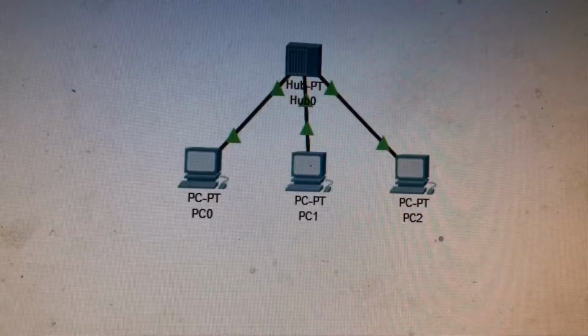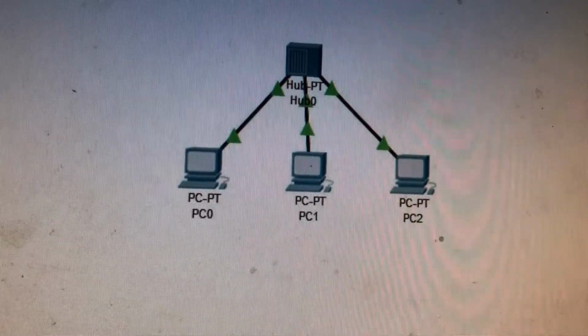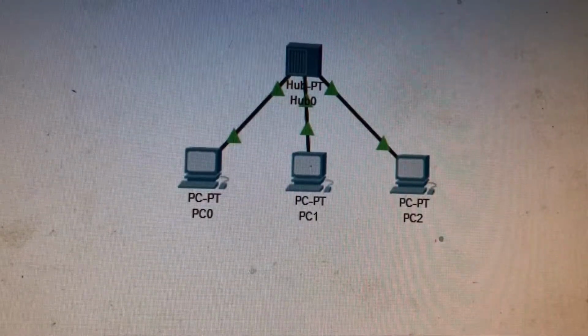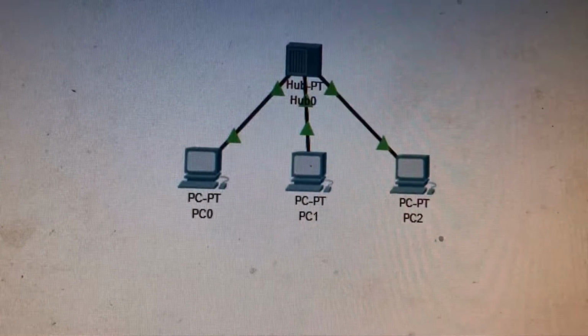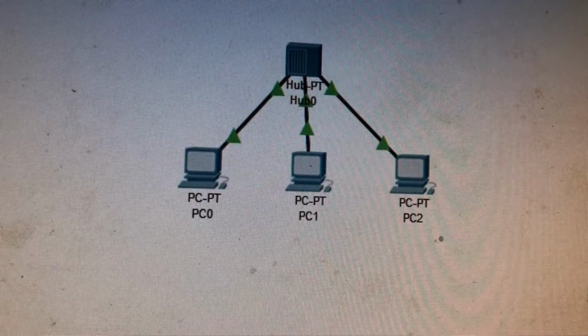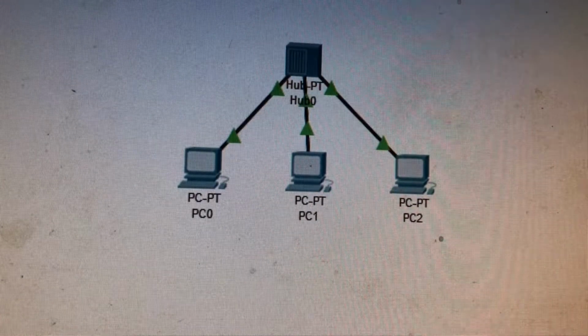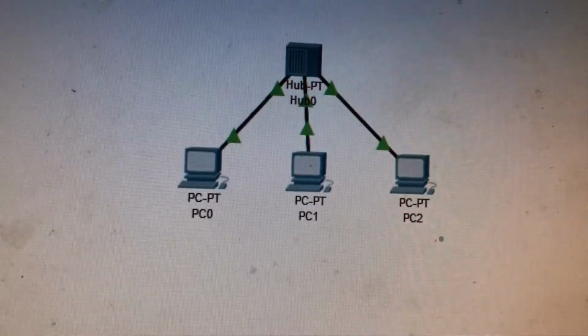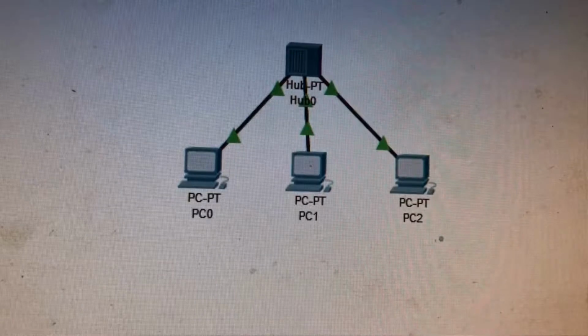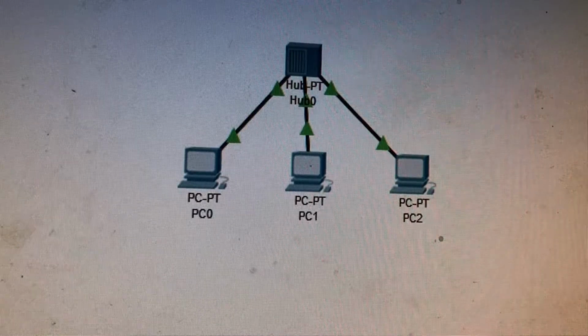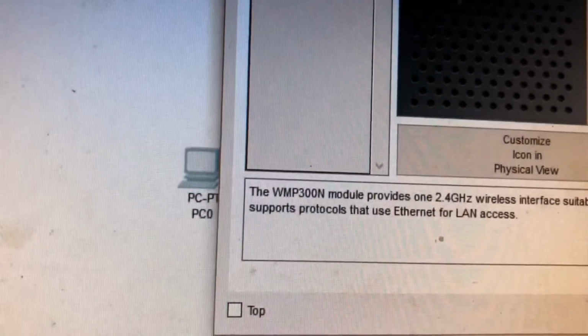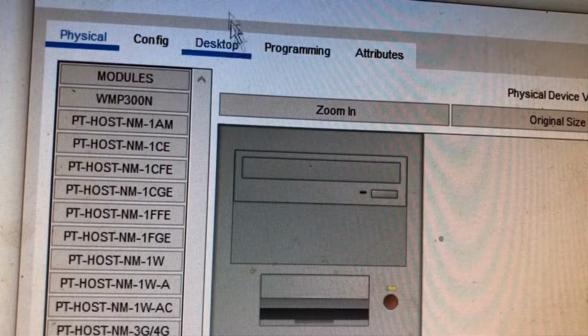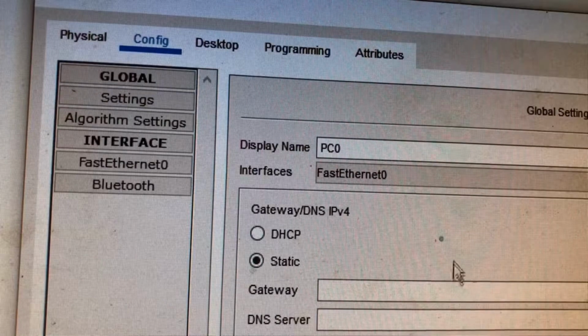Okay, number 2, the PCs in LAN A should have different IP addresses. Example, one PC in LAN A has an IP address of 192.168.1.1 and so forth. Okay, so we go to config.